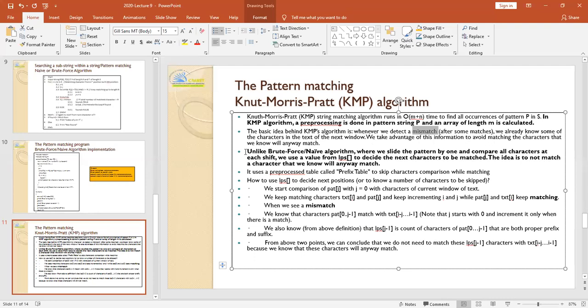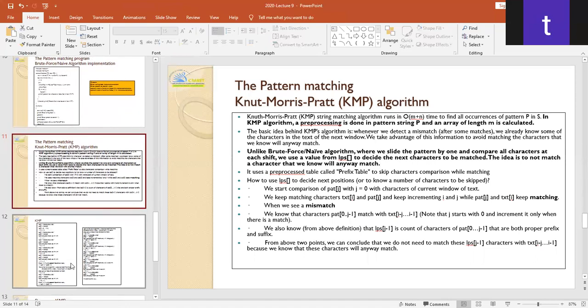Go with this particular statement given in bold, very important: unlike brute force, where we slide the pattern by 1 and compare all the characters at each shift, we use a value from LPS to detect the next character to be matched. The idea is to not match a character that we know will anyway match. What he is going to do, we shall see in the next slide.